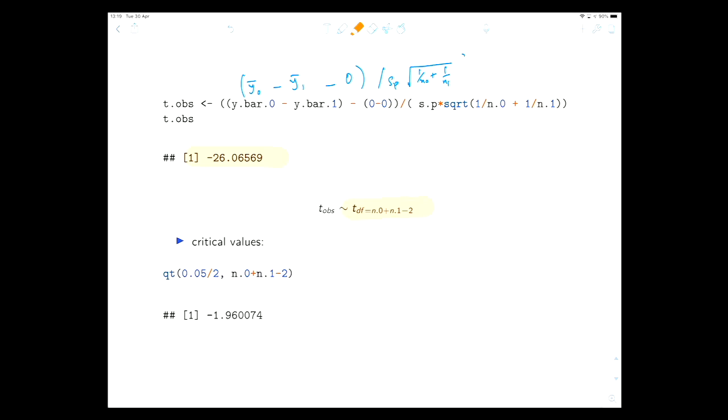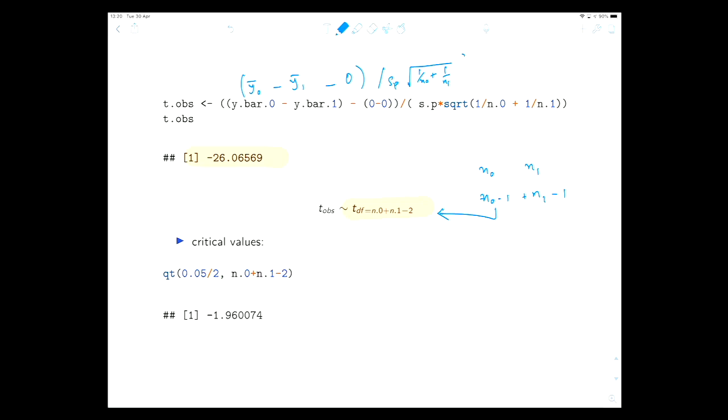The two groups that we have have sizes n0 and n1. Therefore, the combined degrees of freedom is n0 minus 1 plus n1 minus 1, and that gets us to that degrees of freedom. Does everybody follow that? So that's your standard two-sample t-test.